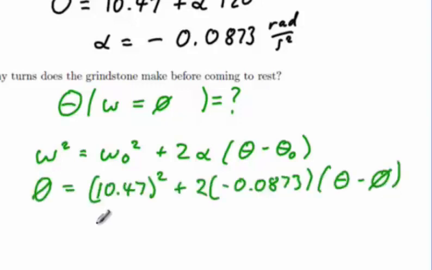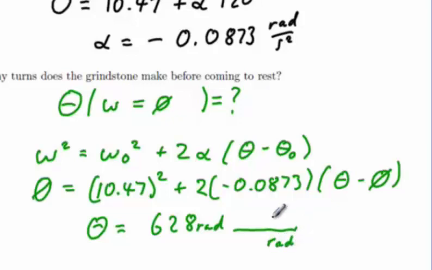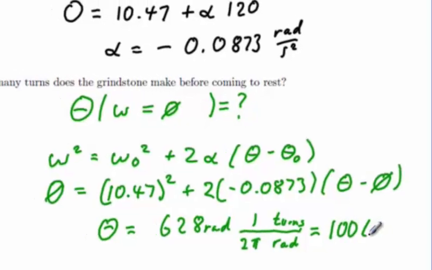Indeed, that's the case, and so we get the result that theta is equal to 628 radians. However, since we've been asked for turns, we need to perform a unit conversion. We would like to cancel away the radians and leave behind turns, and we recognize that 1 turn, which is a full cycle, is the same angle as 2 pi radians. Therefore, we get the result 100 turns.